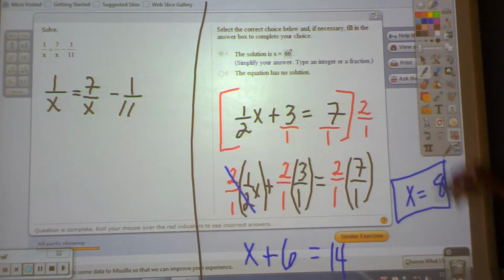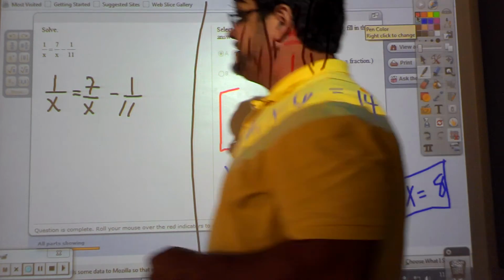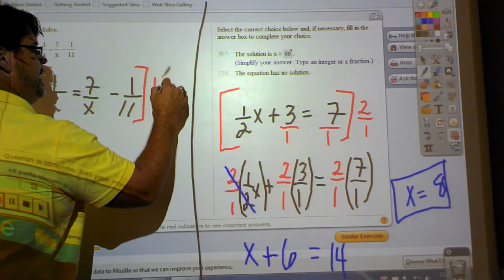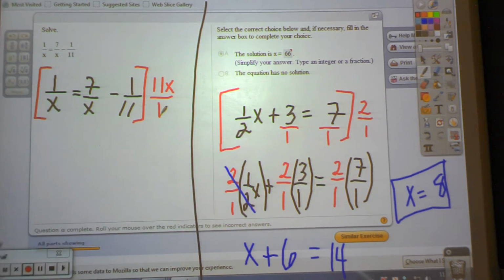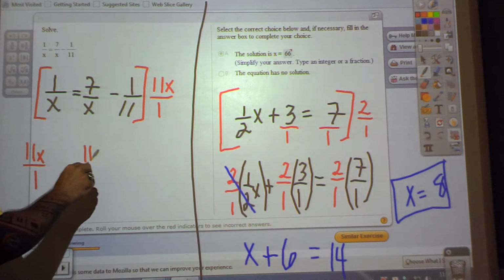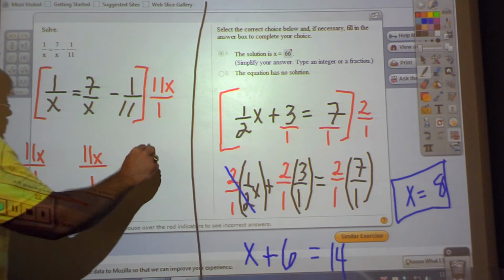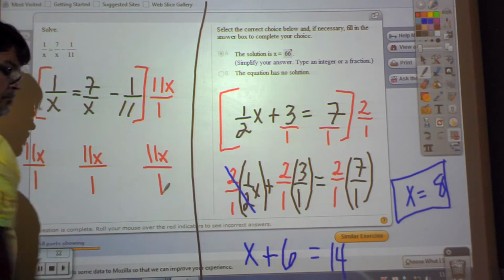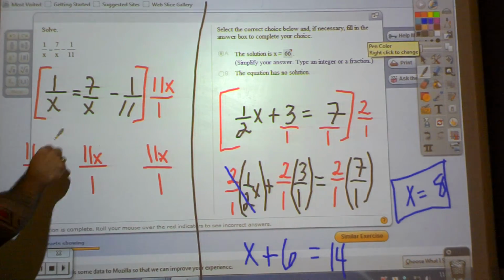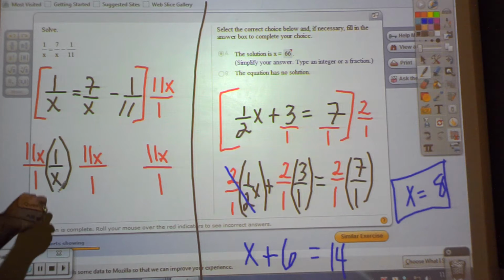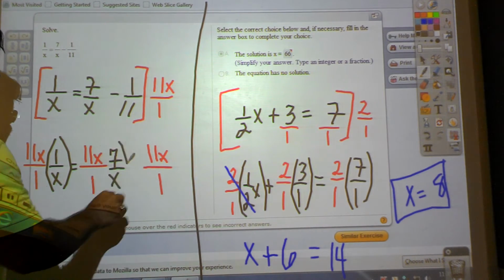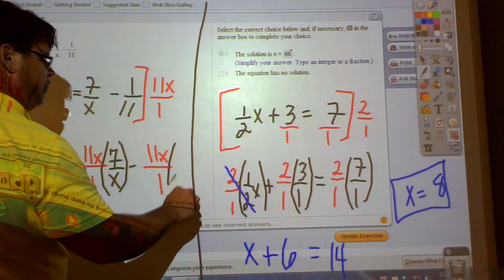What is the common denominator of x, x, and 11? So multiply through by 11x over 1. 11x over 1, 11x over 1, 11x over 1. Rewrite your problem. 1 over x, 7 over x, 1 over 11.